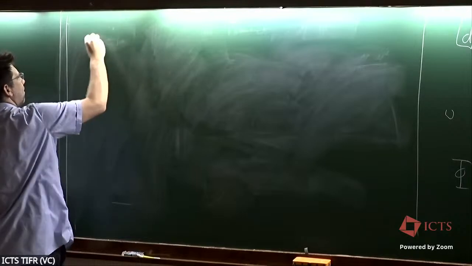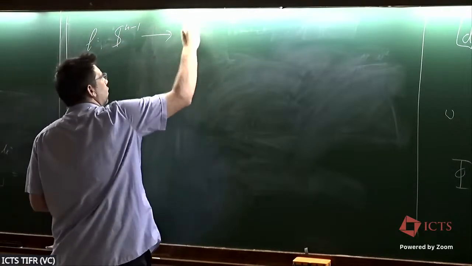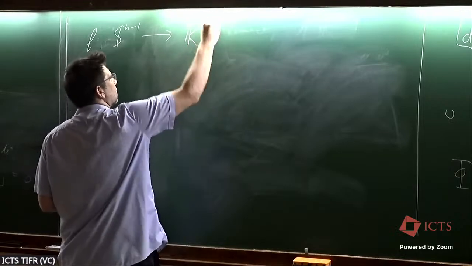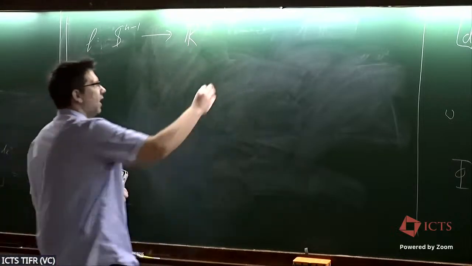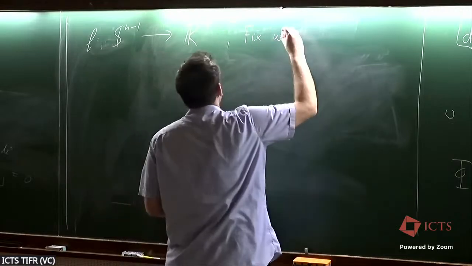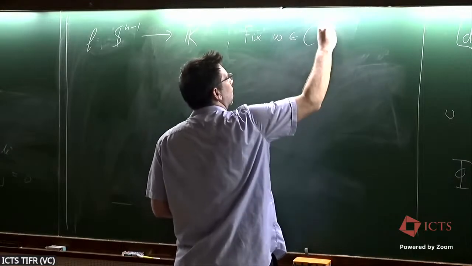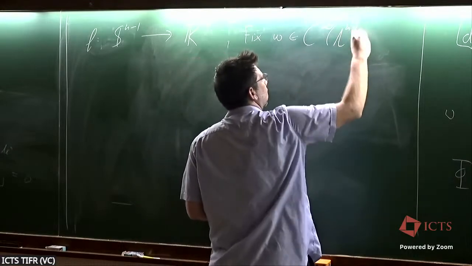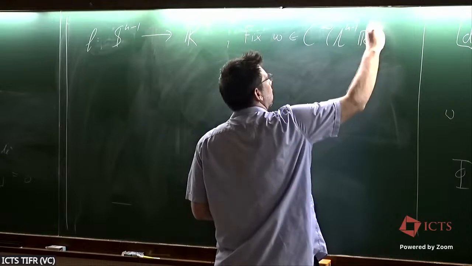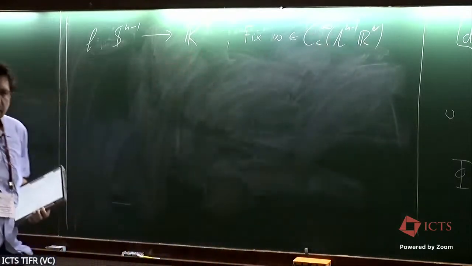Let's look at maps going from Sn minus 1 into some Euclidean space. And fix an omega, which is an n minus 1 form. Smooth, let it be compactly supported, doesn't really matter.